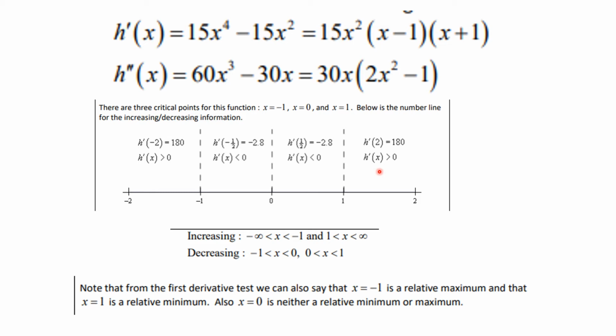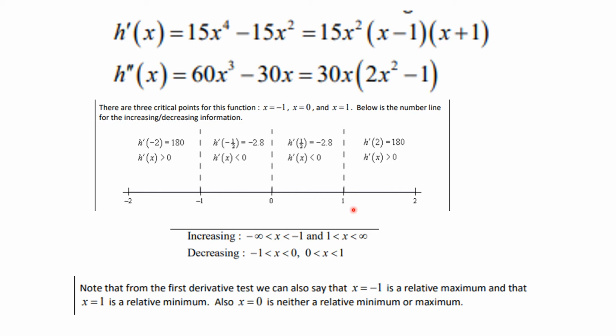And we see that here we go from an increasing derivative to a decreasing derivative. That's going to tell us later that that is a relative max. Here we go from a negative derivative to, now that is also another negative derivative, and so that is neither a max nor a min.